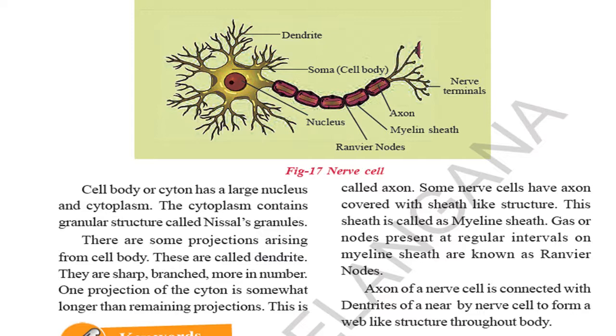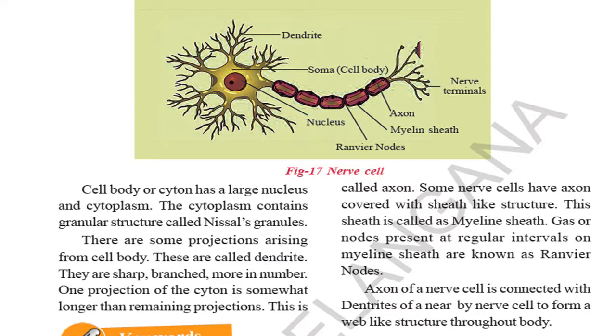Some nerve cells have axon covered with a sheath-like structure. This axon covering sheath is called myelin sheath. Gaps or nodes present at regular intervals on the myelin sheath are called Ranvier nodes. Is it clear? 3 parts: cyton, axon, dendrite.